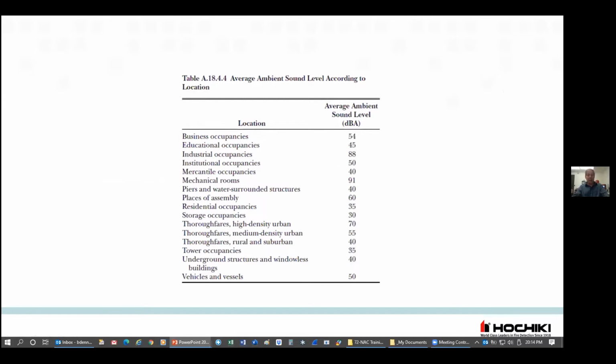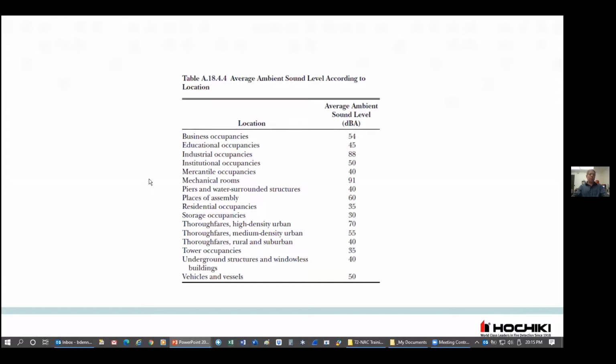That's the average sound level. If you have a mercantile, a store or something like that, 40 dB. If you have a place of assembly or residential occupancies or storage, they've given us all of these different applications and the average typical sound level at any given time.